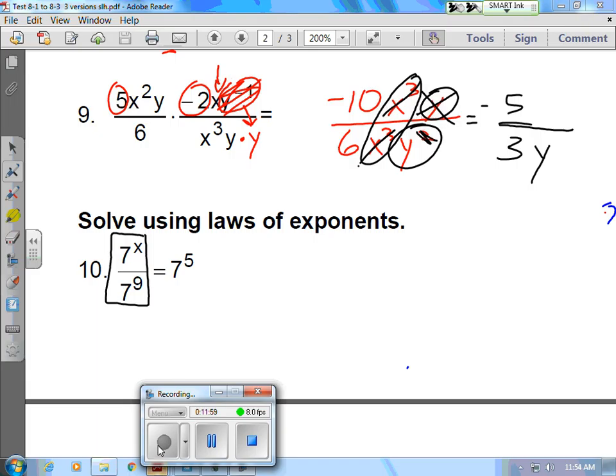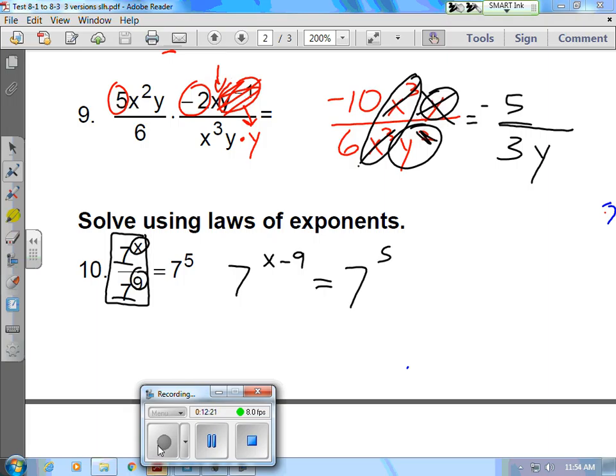Get the right side set up to look like the left side, except for the exponents. So when you're dividing and you have like bases, the 7s are the same, then that's 7 to the x minus 9 power. And that's equal to 7 to the 5th.